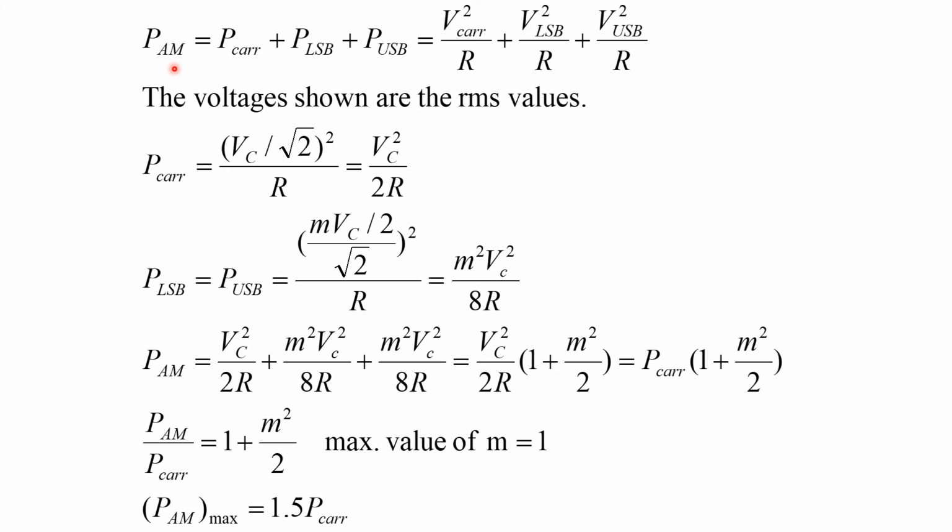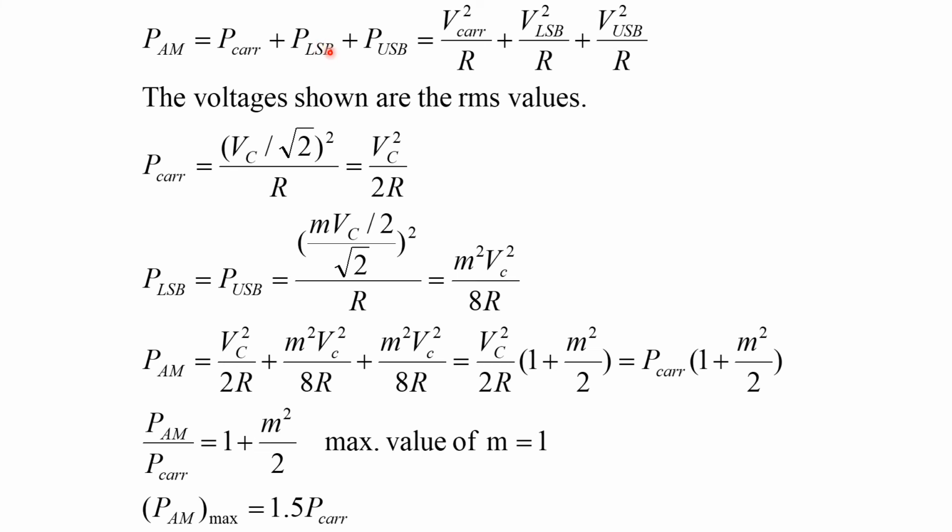As we can see in the first equation shown in the present slide, the power of the amplitude modulated wave will contain three terms. The first term is the power contained inside the carrier wave, because the first term in the equation of the amplitude modulated wave is the carrier wave.